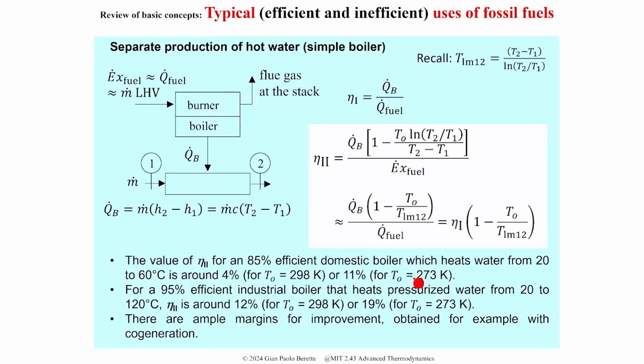Wintertime, if outside is at 0 degrees Celsius, so it's freezing, then it's 11%. For an industrial boiler, the efficiency is a little better, first law efficiency, let's say 95%.